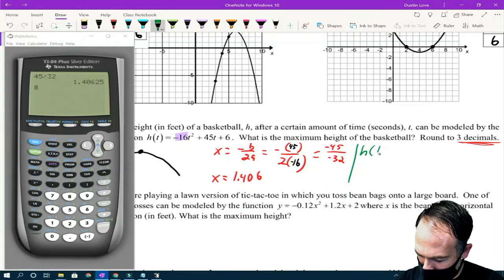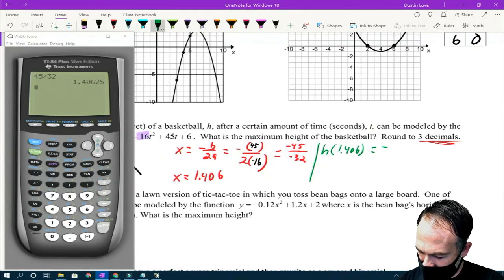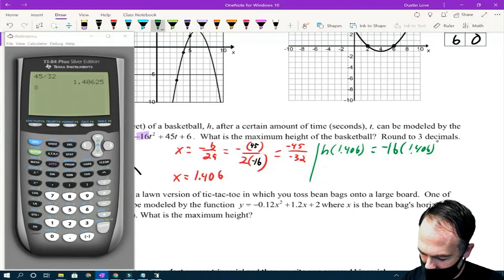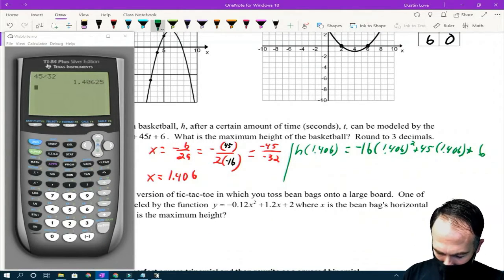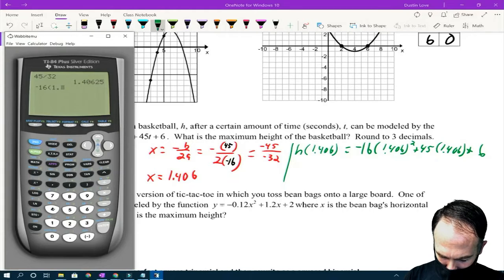And so h of 1.406 is equal to negative 16 times 1.406 squared plus 45 times 1.406 plus 6.